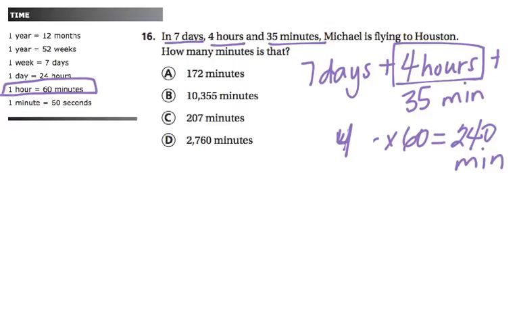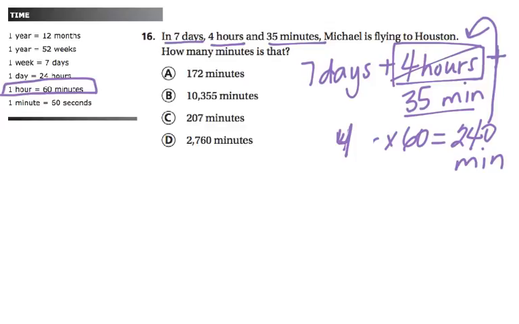Now this is just part of what I need. Because look, I had 35 minutes and then 4 hours, which I've now converted to 240 minutes. So I'm going to cross through that and put my 240 there so I remember that that's what that one is. Okay? But now I've got to convert this 7 days.